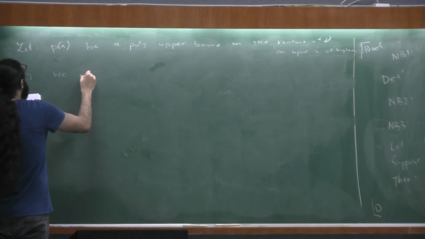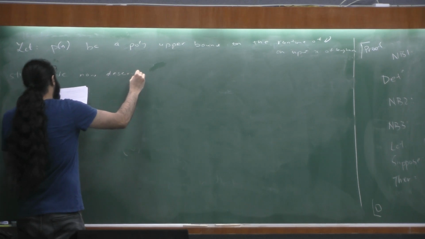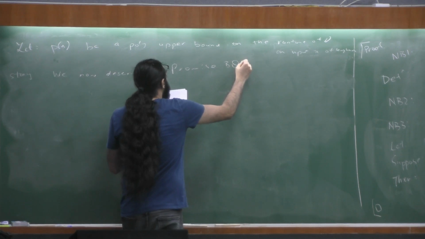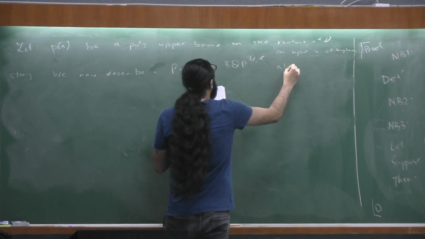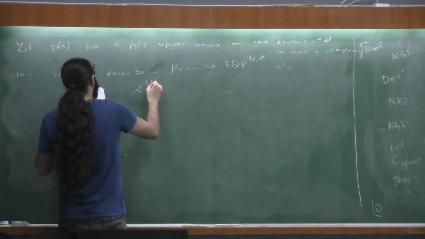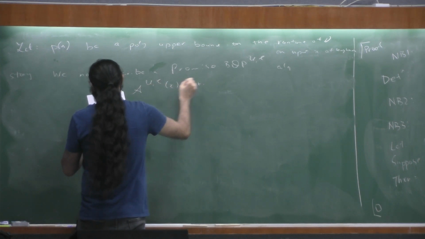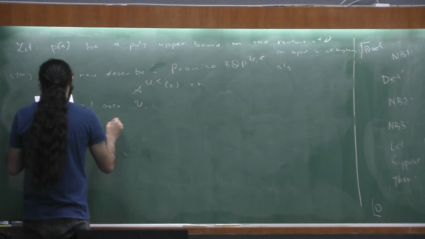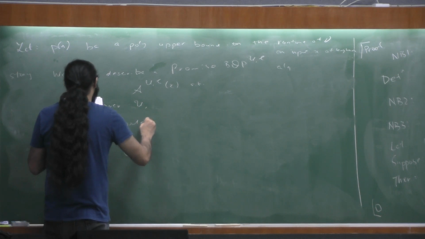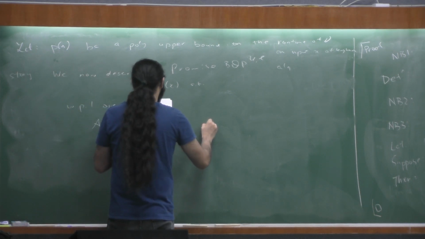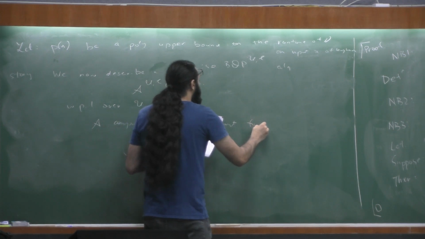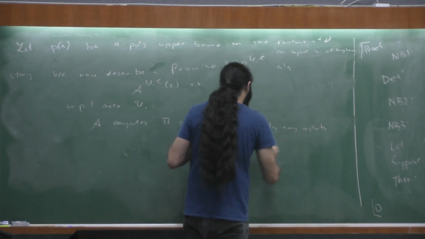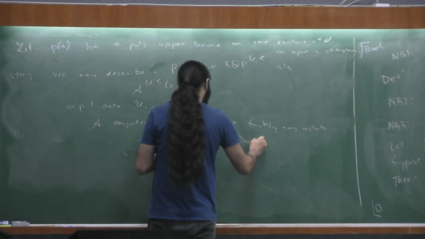So we now describe a promise BQP algorithm A, and this is where things will get interesting, such that with probability 1 over u, A computes pi on all but finitely many inputs x in the domain of pi.